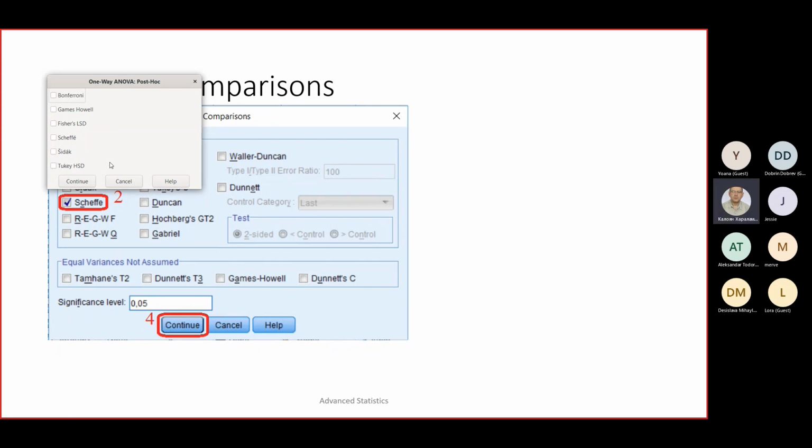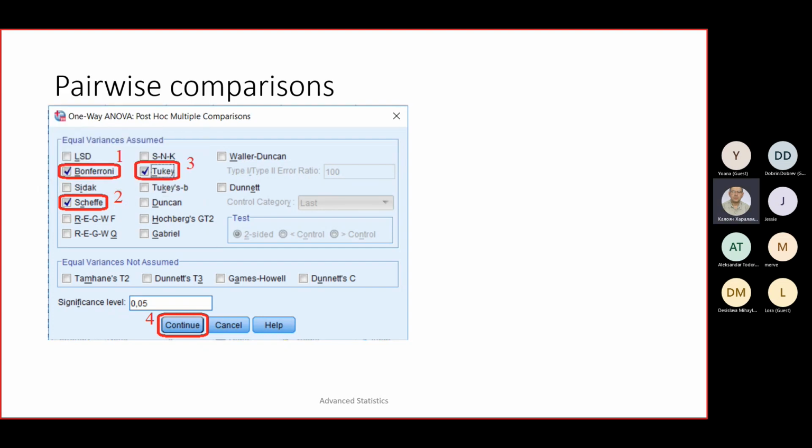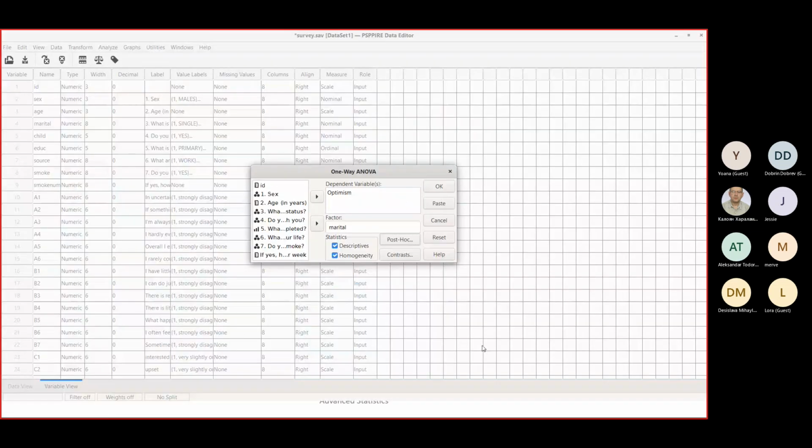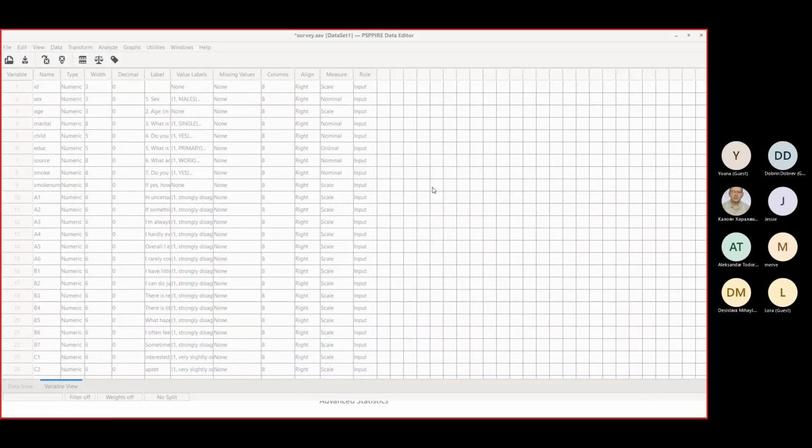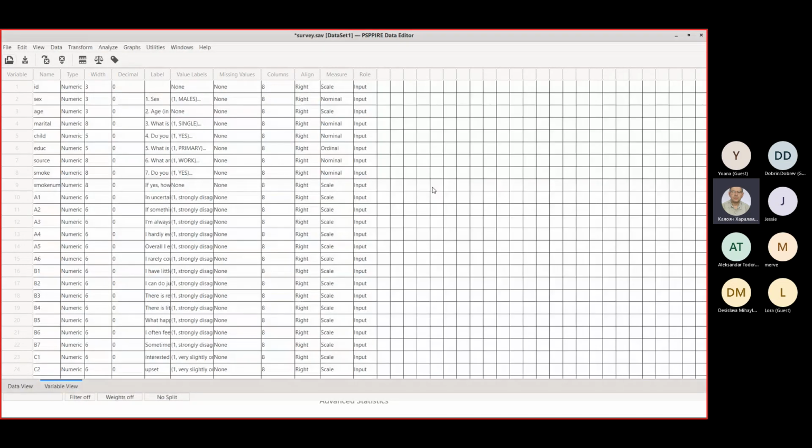And in psychology, the most popular coefficients are Bonferroni, Scheffe, and Tukey, and I will check them. After that, continue. Okay. And let's see the result.